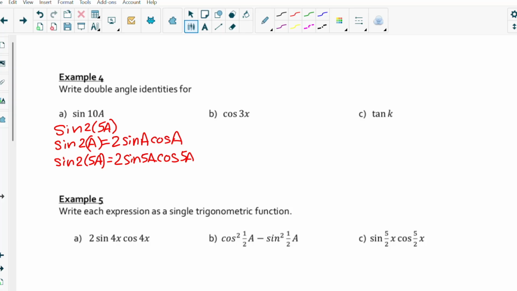Letter B. Cosine of 3x. Oh, I have an odd number this time. I can't just do 2 times, well, can I? Let's think about it.